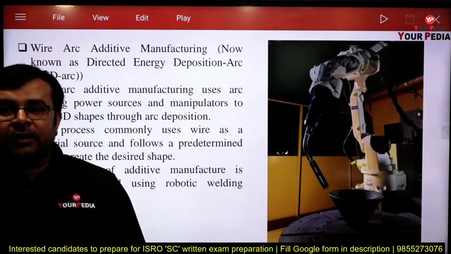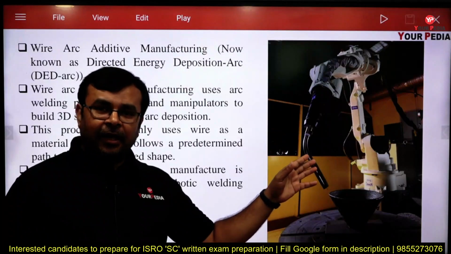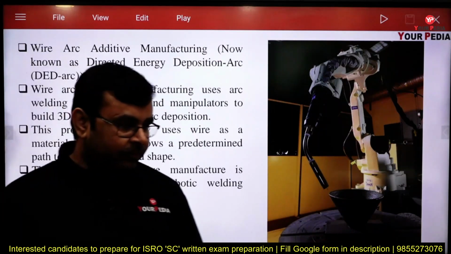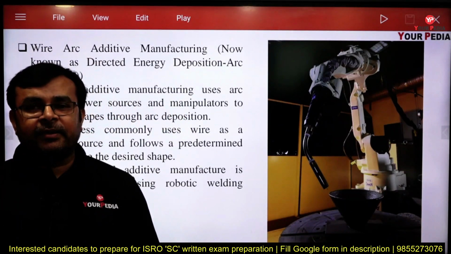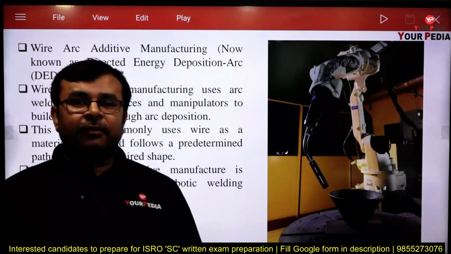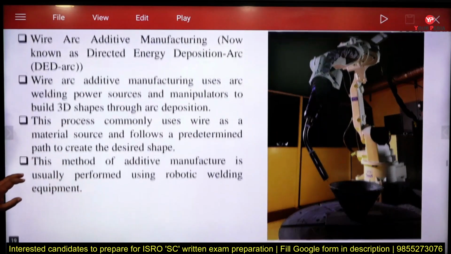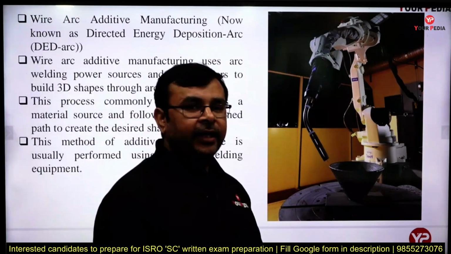For 3D motion we generally use either a robotic arm, or sometimes a 3-dimensional CNC mechanism to move the welding torch according to the shape required. This process uses wire as the material source and follows a predetermined path to create the desired shape, and it is usually performed using robotic welding equipment, as I already told you.